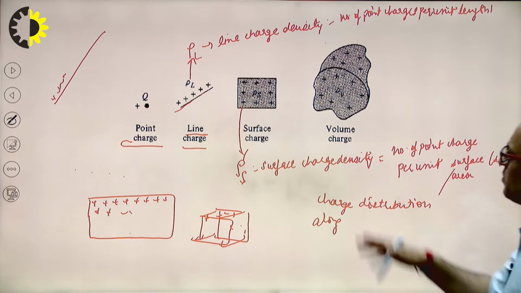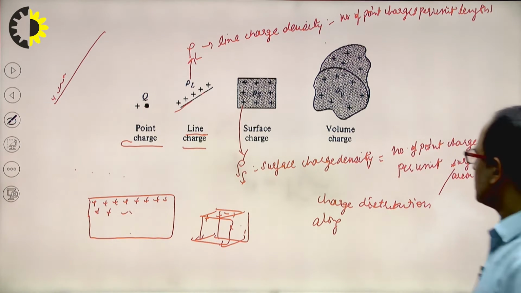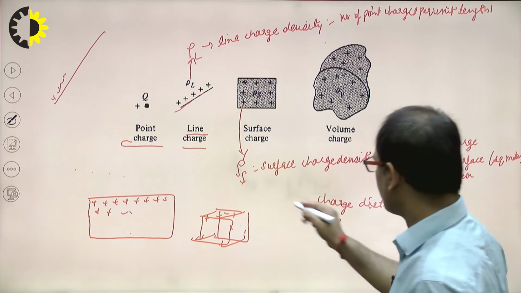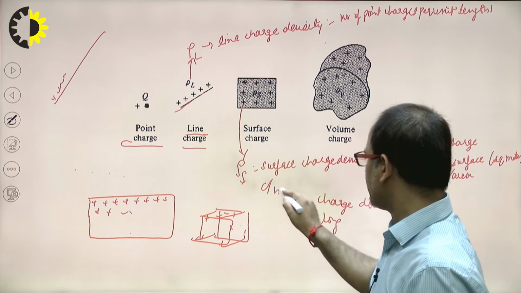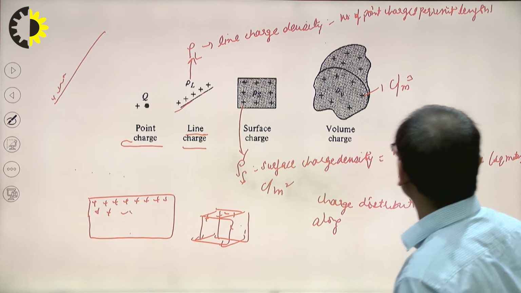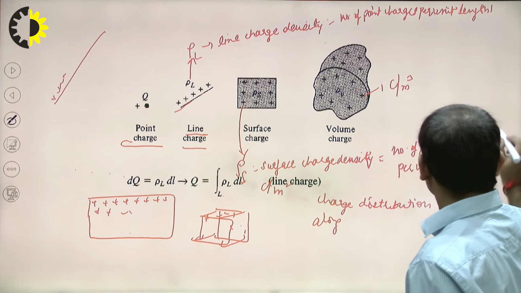Clear? And similarly this one is rho V, the volume charge density, the number of point charges per unit volume, and it has a unit of coulomb per meter cube. Clear?